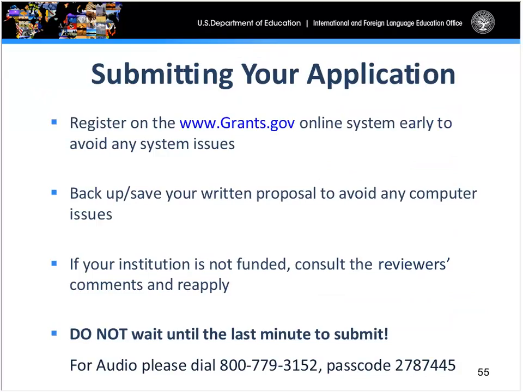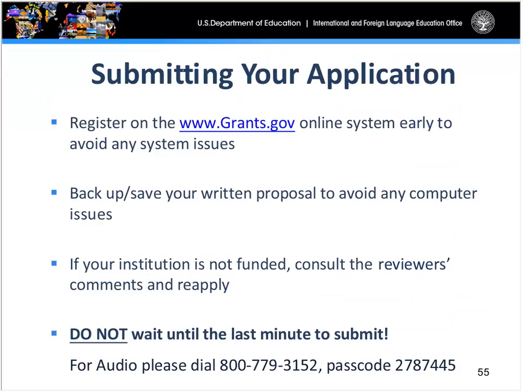So as you all should know by now, the application is available on grants.gov. If you're writing in grants.gov, you may want to type up your information elsewhere and then constantly save and back it up just to avoid any type of computer issues. There's also guidance in the proposal as far as how to name files.